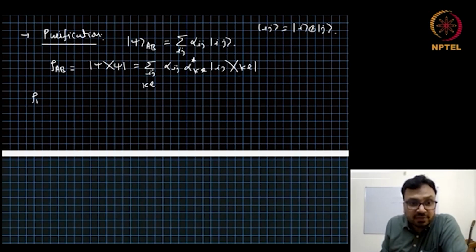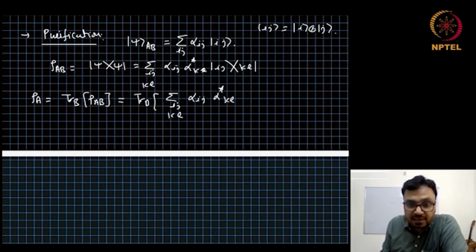Now, if we want to find the reduced density matrix rho A, then it will be the trace over B of rho AB. So it will be the trace over B of the sum over ij, kl of alpha_ij alpha star_kl |i><k| tensor |j><l|.